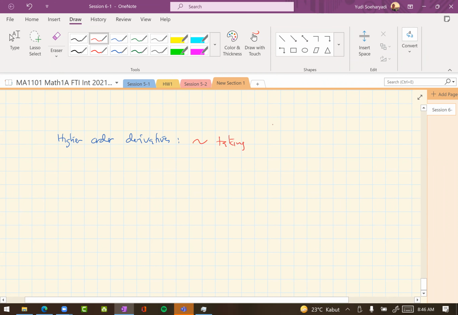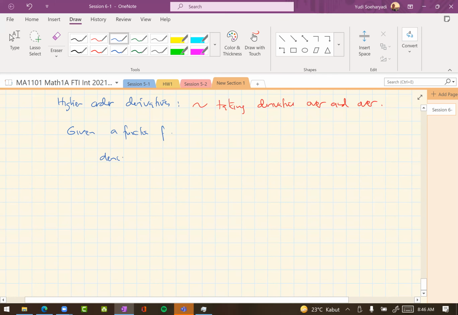This is taking derivative over and over. So keep repeating derivatives. Just to give you an example, what we call a second derivative: given a function, the derivative, or we call it now the first derivative, is f prime or df over dx.